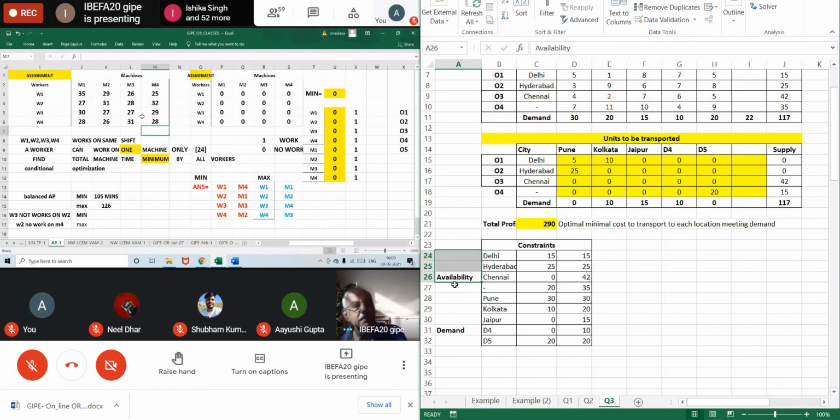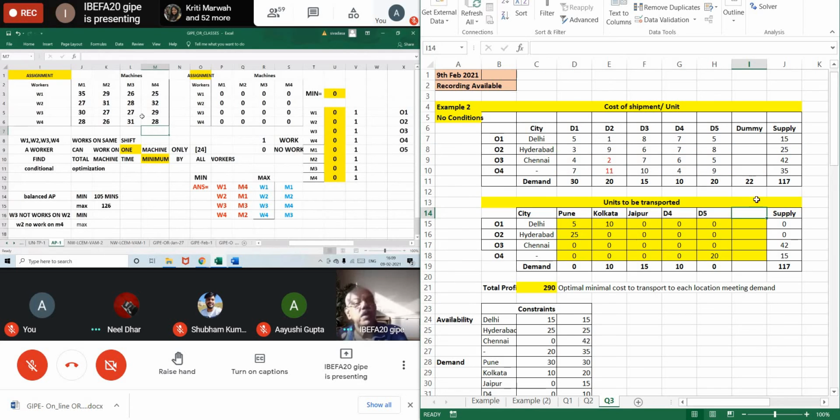If it is disagreed with me, tell me what is total of the rows, what is total of the columns? Total of the rows 1 each and total of the columns 1 each. What is 1 stand for? Because only one worker will get assigned and only one machine will have one assignment to a worker. So this is not availability and demand.